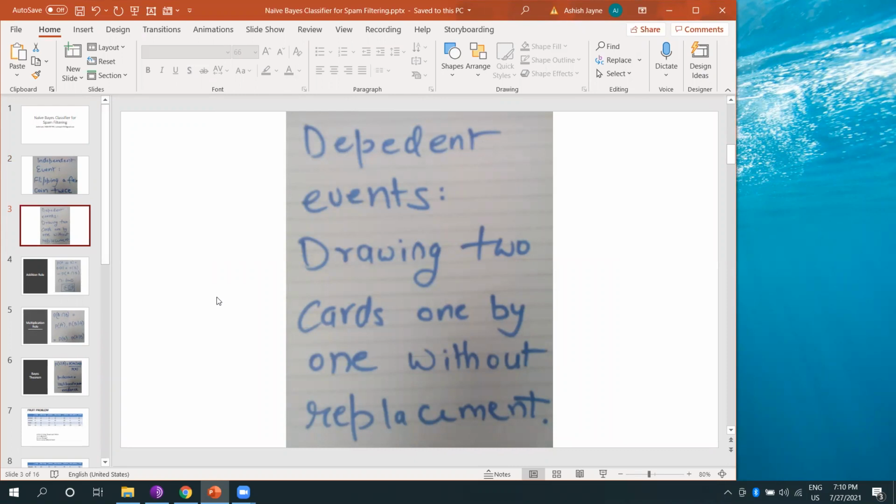Even drawing a card can be made an independent event, but over here we would draw two cards one by one without replacement, and that makes them dependent events. Why? I show you.